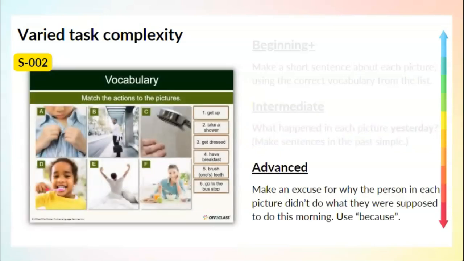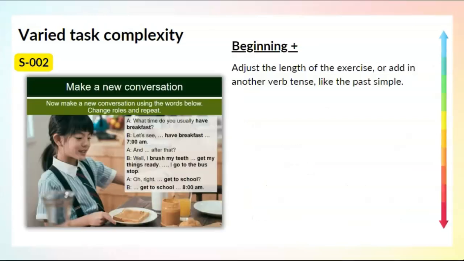Make the task even more advanced by asking students to make an excuse for why the person in each picture didn't do what they were supposed to do this morning. They can practice providing explanations with the word because.